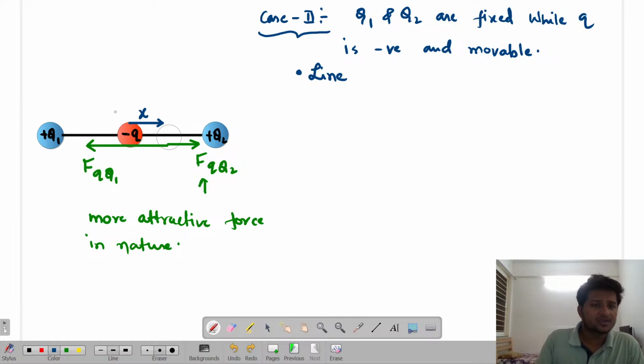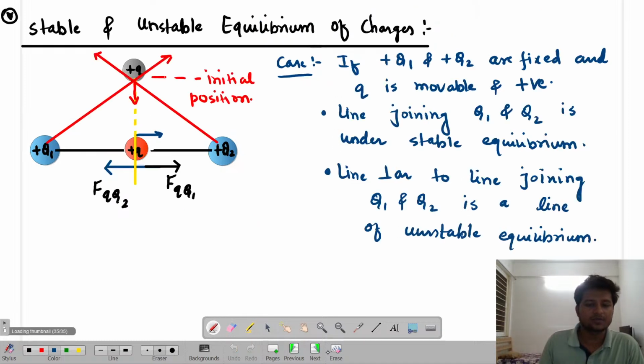If you move it, then it is going to move towards Q1. It is an attractive force, not a repulsive force like the previous one.